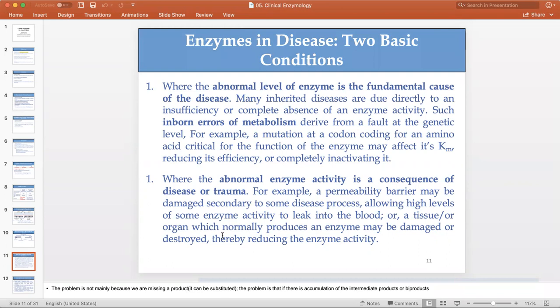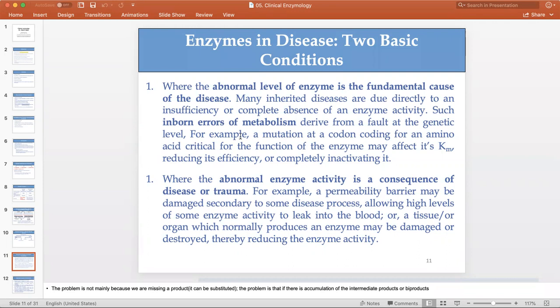So two, again, I'll explain it again. We have two conditions. Either the disease is causing the abnormal enzymatic activity, abnormal enzyme levels because of the disease, or the other condition is the abnormal level of the enzymes is causing the disease. So the inborn errors of metabolism, this is what happens. They are born with a condition where they have problems with the enzyme synthesis or the enzyme production.